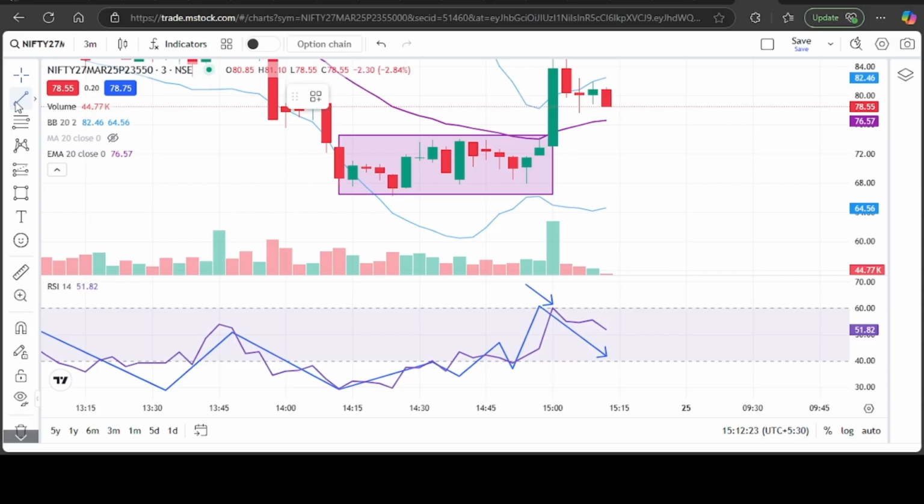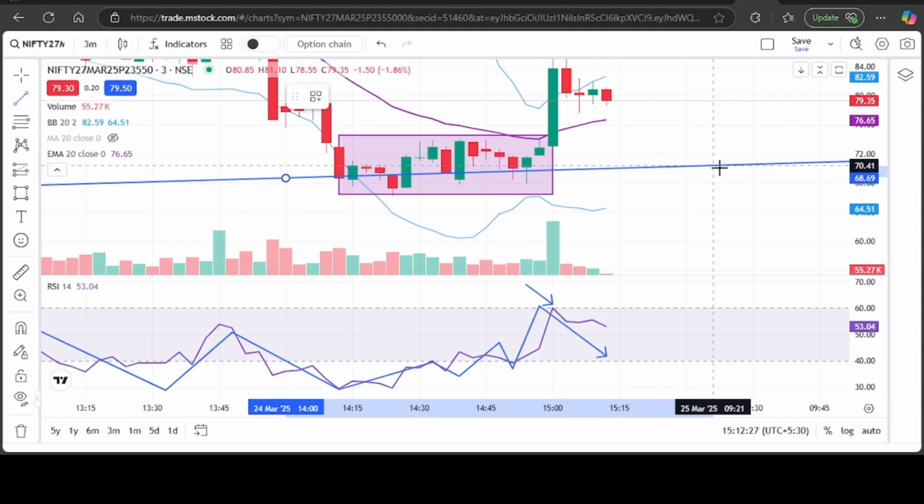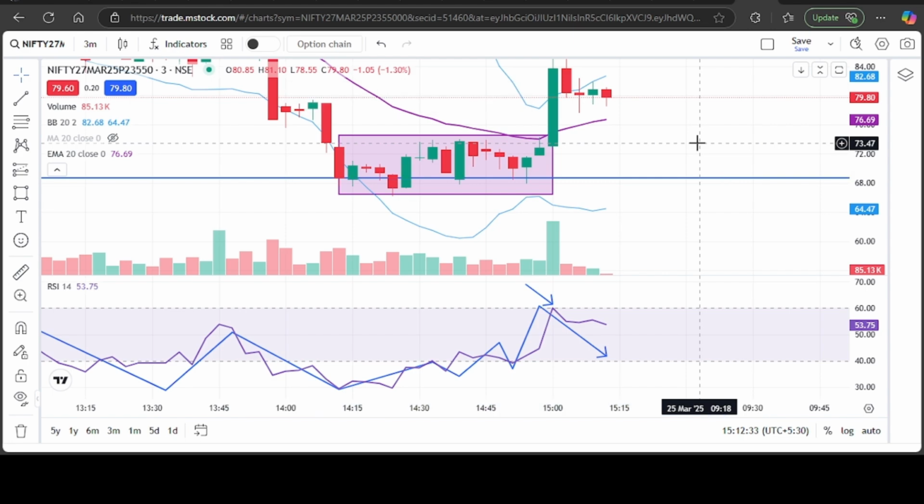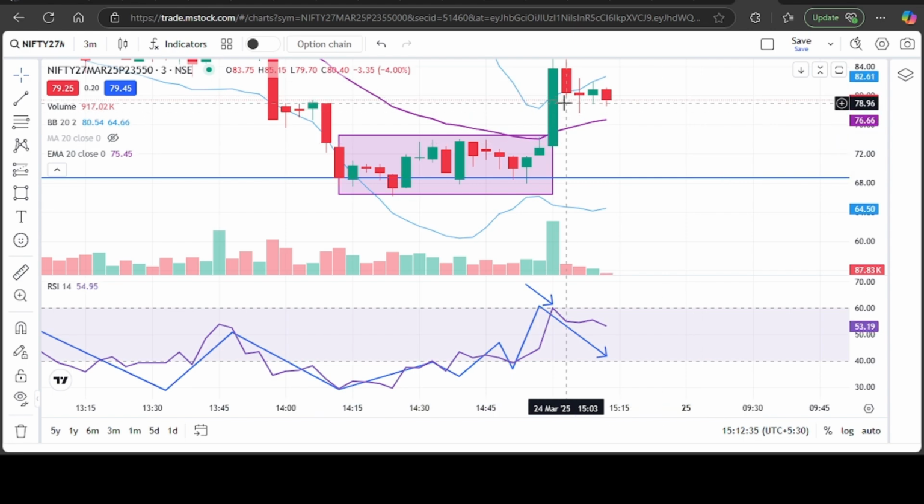And according to what I see, the next price movement down will be somewhere near this, and it will again go up a little from here. So if I placed a trade at 79, I have entered the market, and now when I come here, I'll be at 68. That means again approximately 10 to 11 points profit, right?